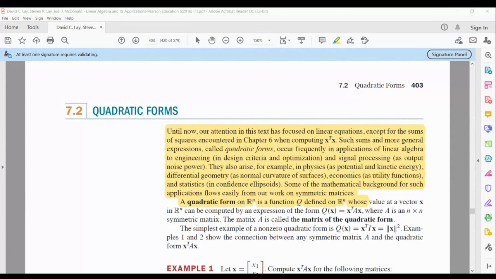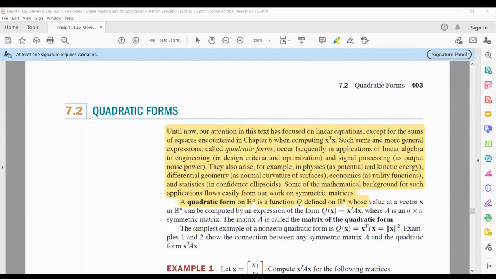Some of the mathematical background for these types of applications flows easily from the work on symmetric matrices. Recall we learned about symmetric matrices last Wednesday, and we learned that a symmetric matrix can be orthogonally diagonalized, which means you can write it as A equals P times D times P transpose.